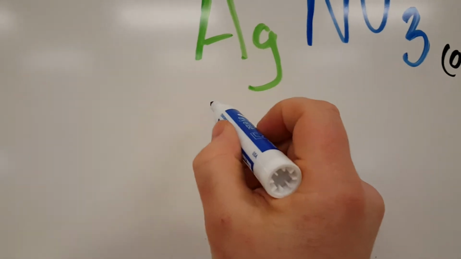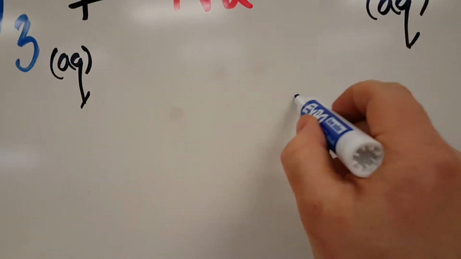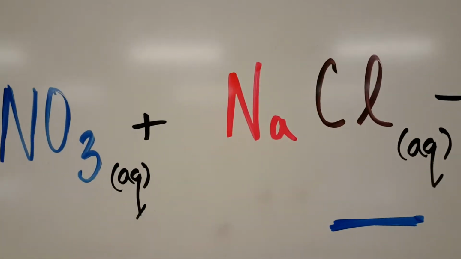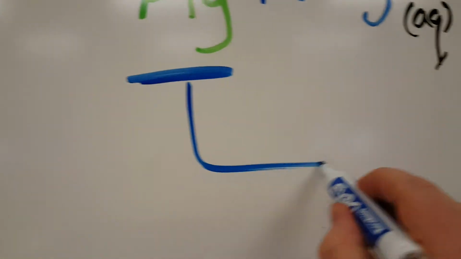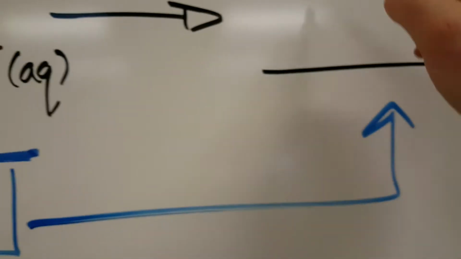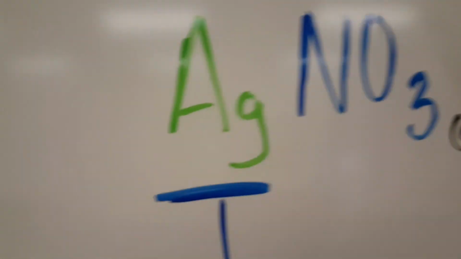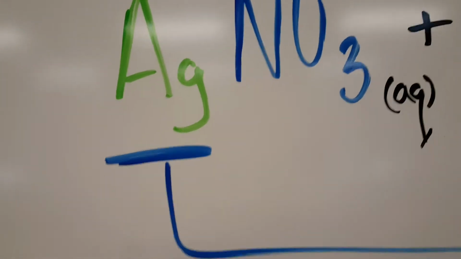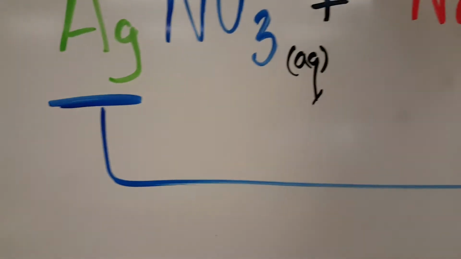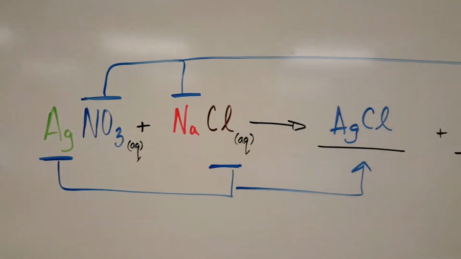So the silver metal ion, positive charge, and the chlorine negative ion, chloride ion, are going to pair up and make the first product, AgCl, right there, AgCl. And the NO3 and the Na are going to pair up and make the second product, NaNO3.